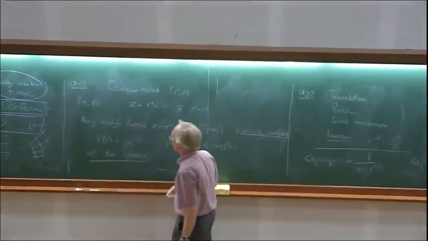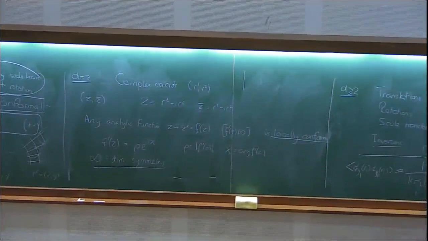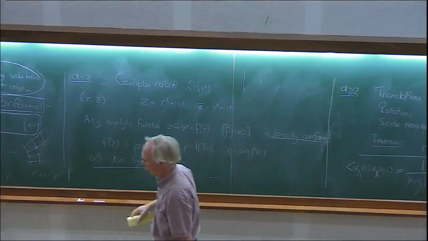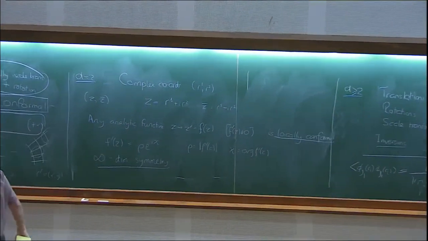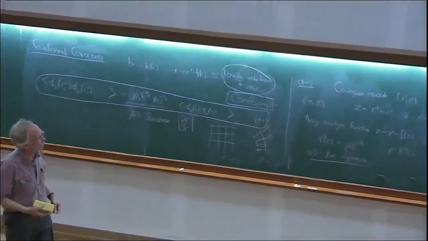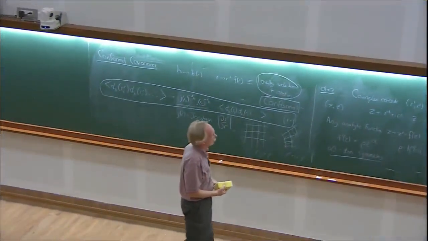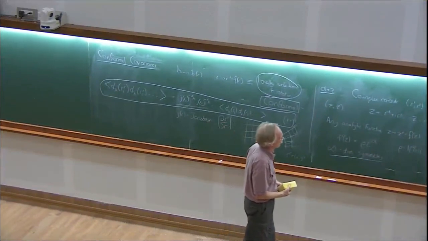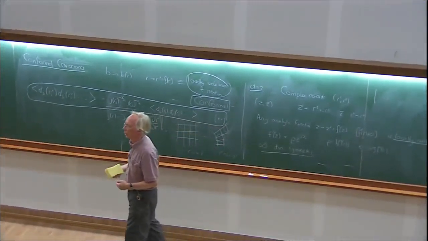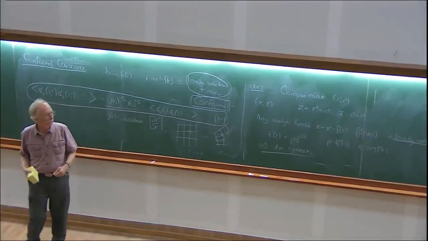And as I told you before, the more symmetry we have, the more we can say, the more constraints we have. This means that in 2 dimensions, the constraints of conformal symmetry are much stronger, and for that reason, most of what I'm going to be talking about in this course is going to be strictly in 2 dimensions.